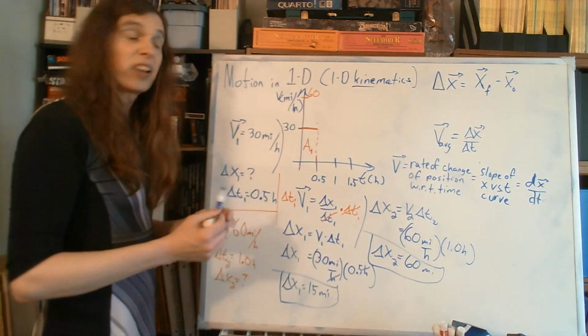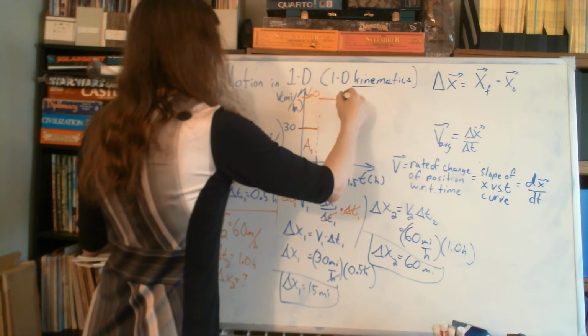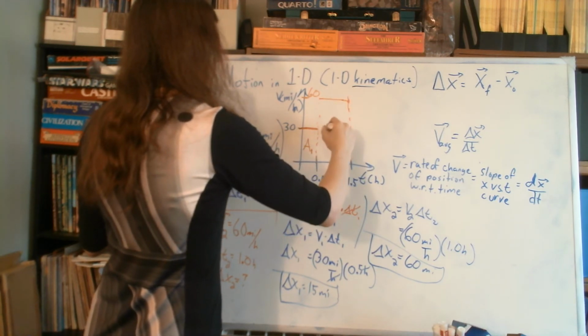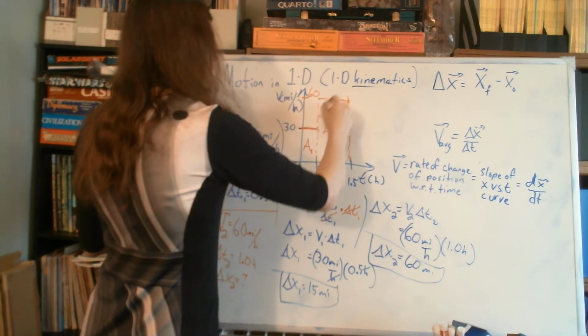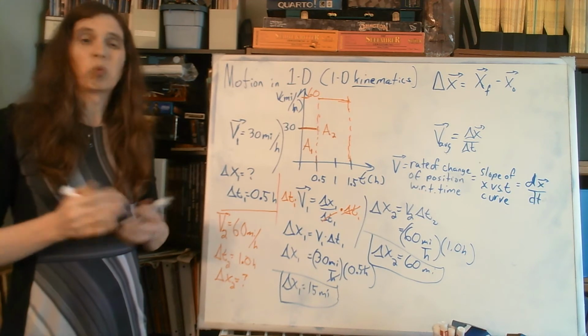And if we plot that on our graph and find the area under that rectangle, what do we think happens?